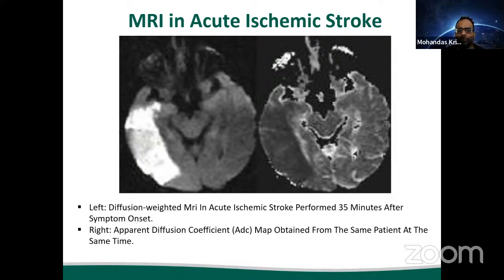But here you see, we collected this image from Vijaya Diagnostic of a patient who had a stroke. And here you see, this is the image after 33 minutes of the stroke.